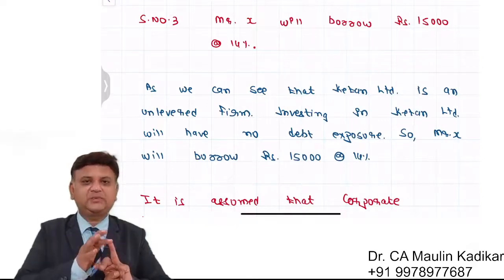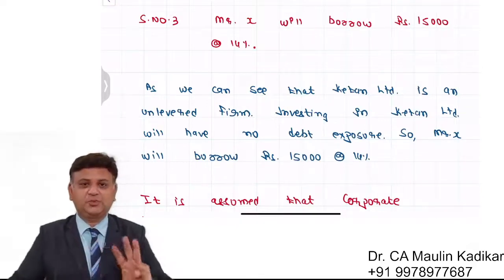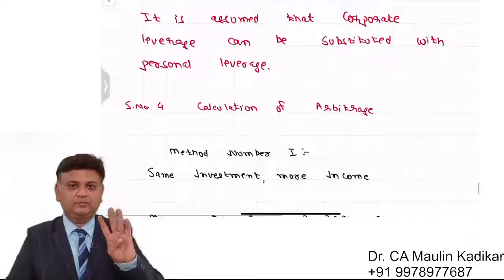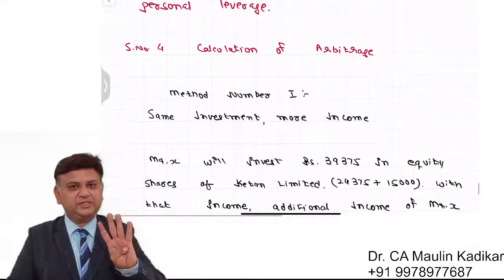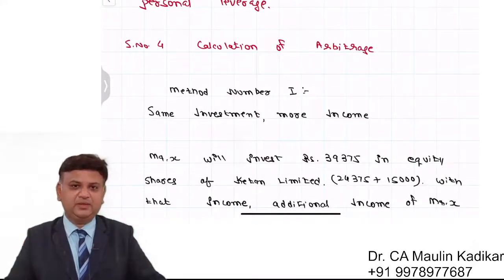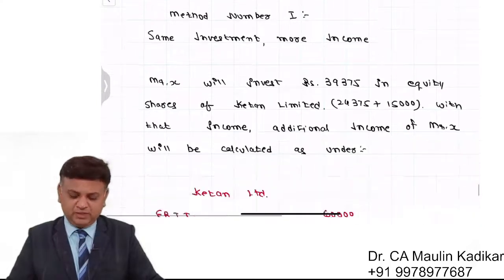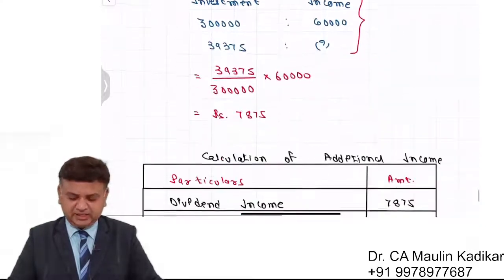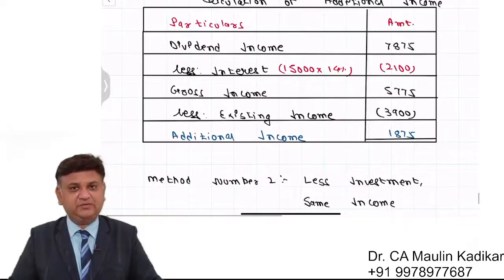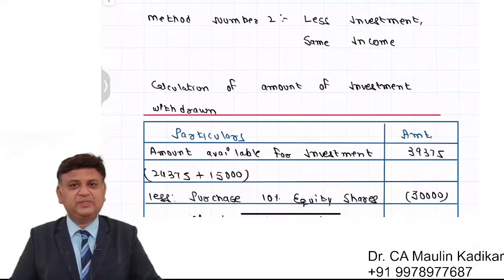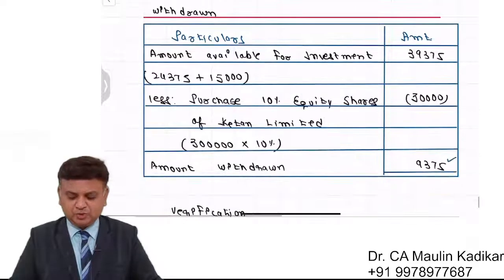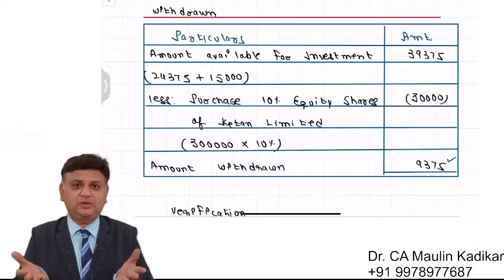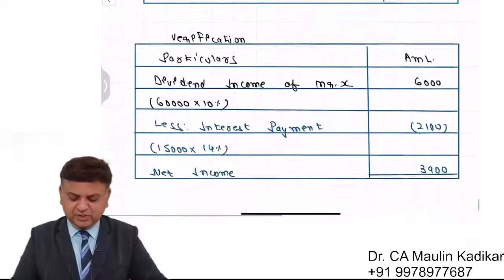You don't have to explain that it is to keep the debt exposure the same. Step number 4, arbitrage. In that you can show either of the methods. Same investment, more income. In that we are required to show the increase in the income. That is 1875. Method number 2, less investment, same income. You just have to show the amount withdrawn. Verification is not required to be shown.